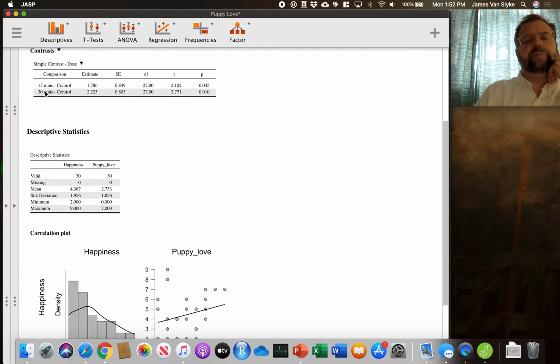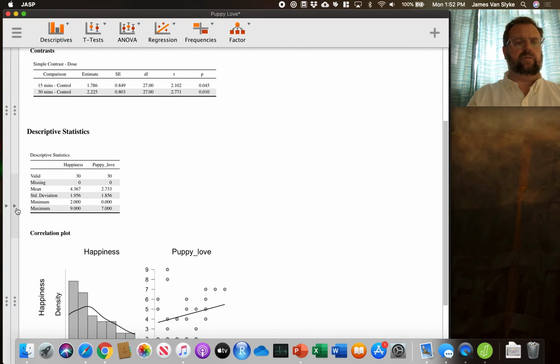Control compared to 30 minutes was 2.77. Our p-value is below 0.05, and the same thing was true as well between control and the 15 minutes.